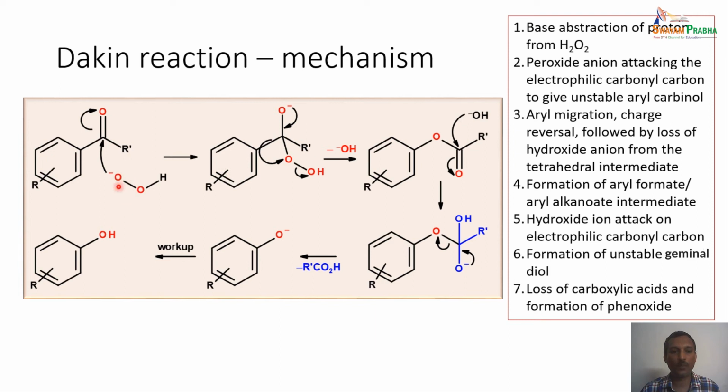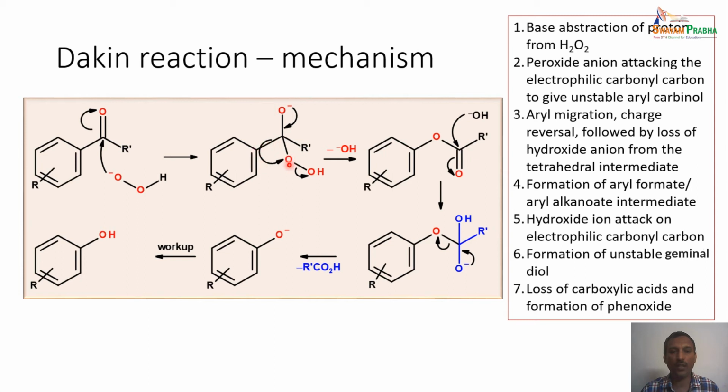So the base abstracts the proton to form the peroxide anion. The peroxide anion now attacks the electrophilic carbonyl carbon. This leads to the unstable aryl carbonyl intermediate. This is quite an unstable intermediate. In this case, the actual rearrangement takes place in this step. There is an aryl migration. This aryl group which is attached to the tetrahedral carbon shifts from the carbon to the oxygen.